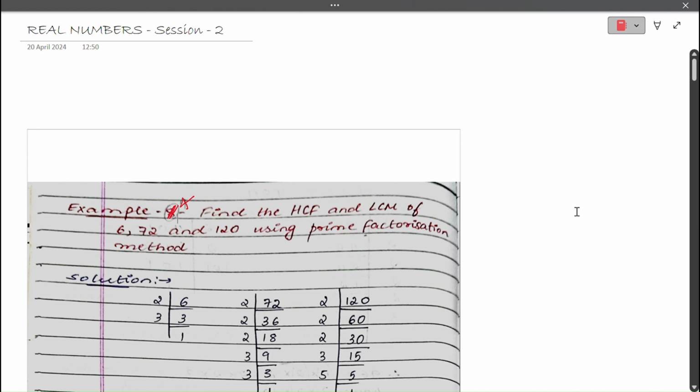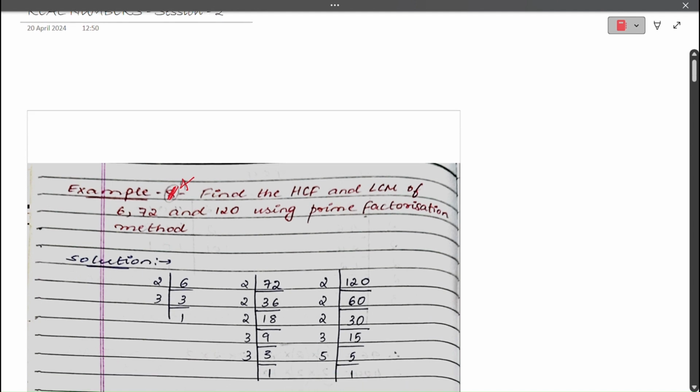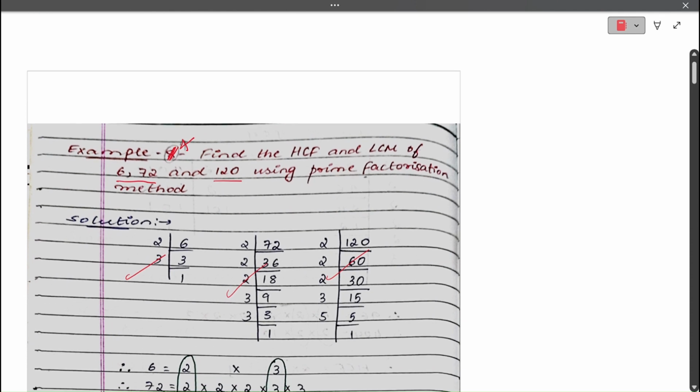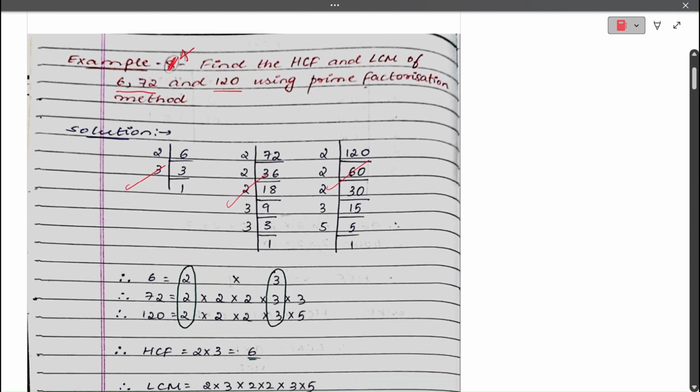Let's get started. So this is an example: find the HCF and the LCM of three numbers 6, 72 and 120 using the prime factorization method. So this is how we prime factorize 6, 72 and 120. When we write the factors, the common factors are 2 and 3.